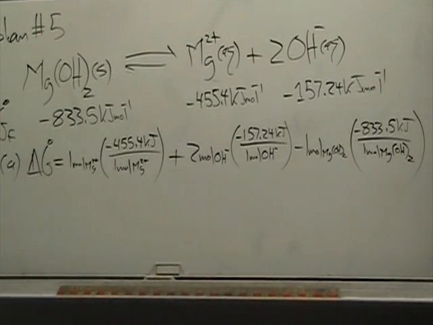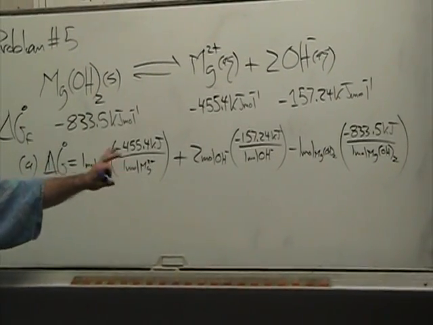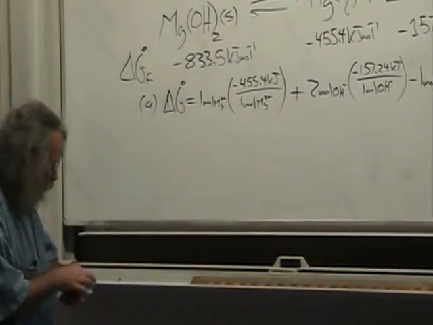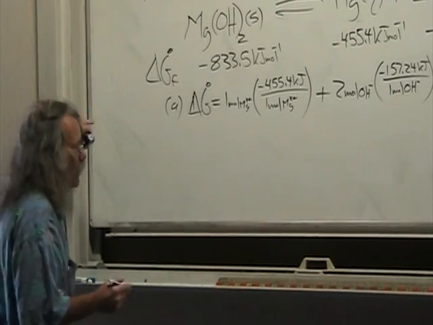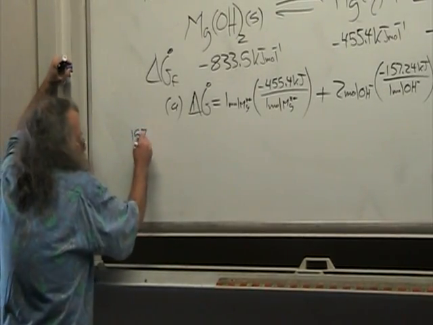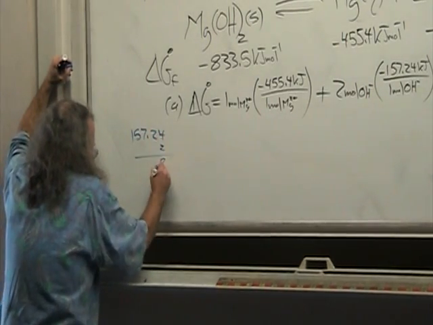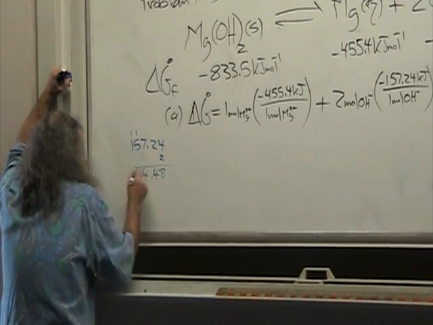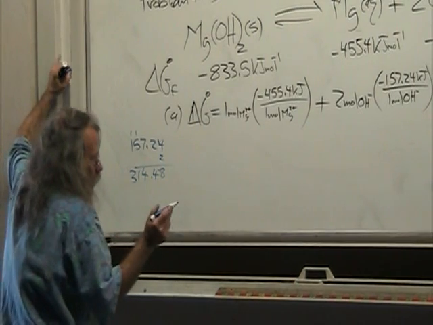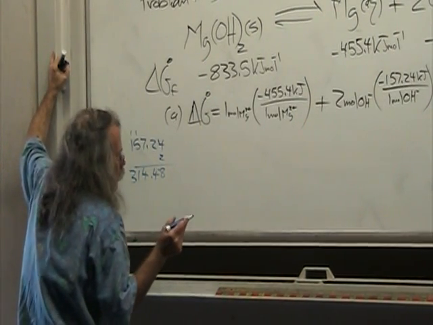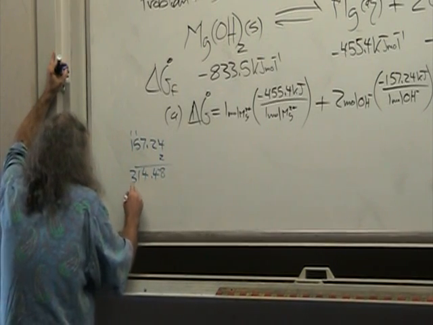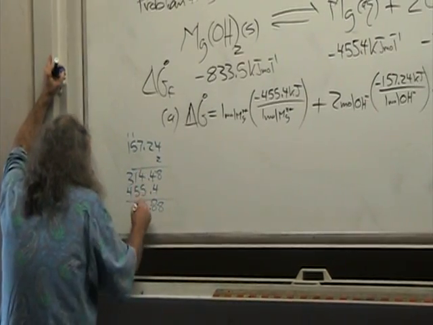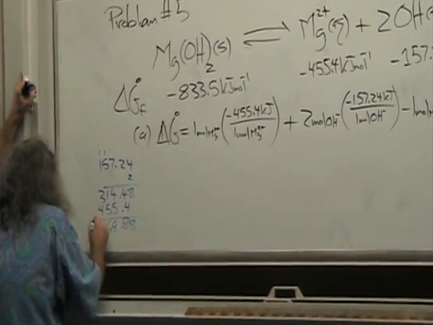Now, this you would have on the paper. Then you take your scratch paper out, and over on your scratch paper you're going to work out the actual mathematics. So I have to take 157.24 times 2, which is 314.48, and add 455.4.